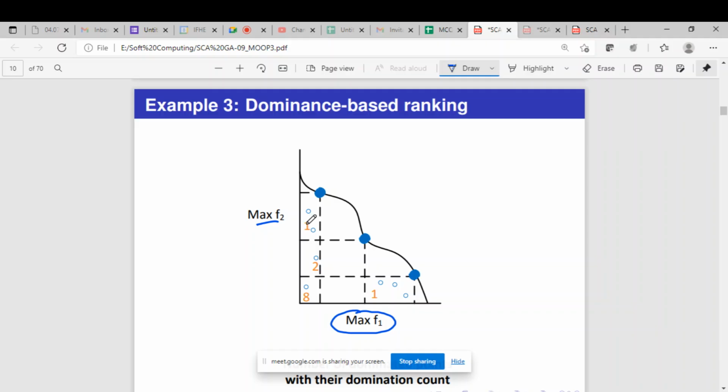See, these two individuals are ranked as 1. Why? Both of them are ranked as 1. Why?